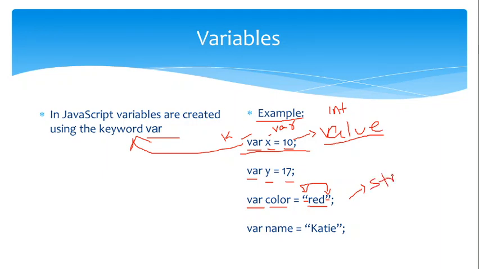Where var is a keyword, color is a variable name, and red is a string. Where name is equal to catty, and this is also a string.